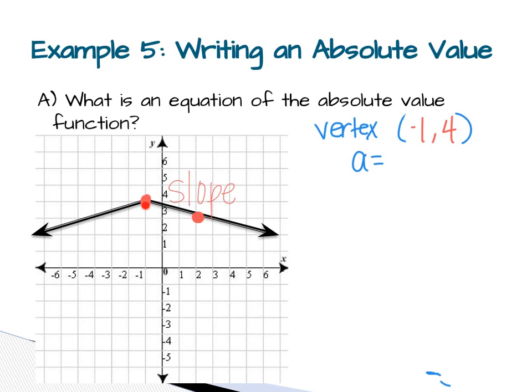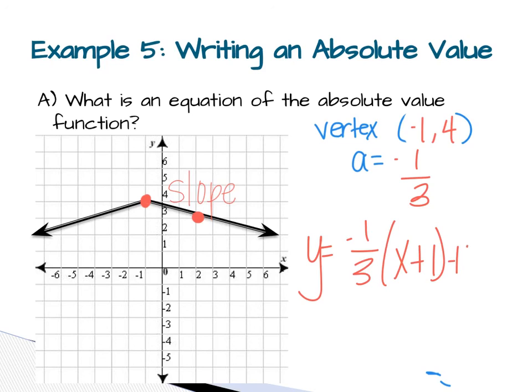And then all you have to do is do rise over run, so it's negative 1 over 3. So your A is negative 1/3. So your equation in vertex form is going to be y equals negative 1/3 x plus 1 plus 4.